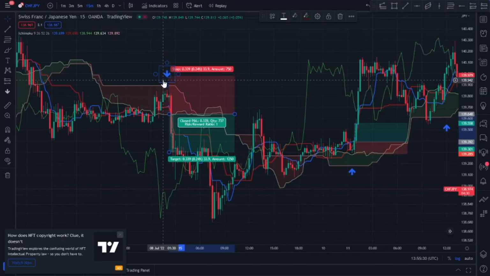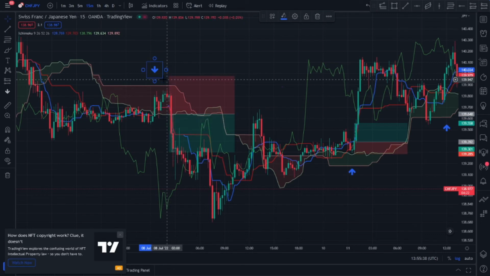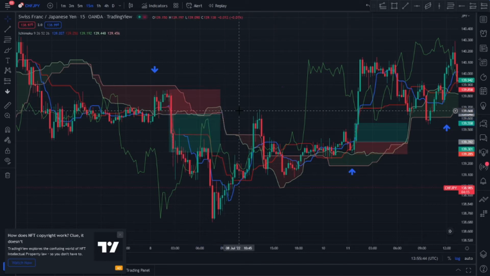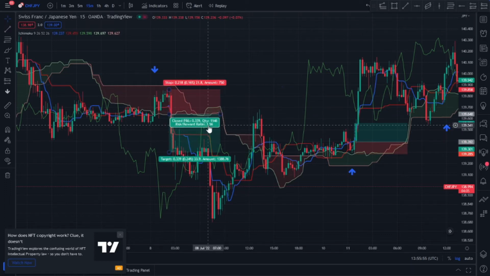And we set the stop loss and TP as in the previous position. TP should be 1.5 times the stop loss.